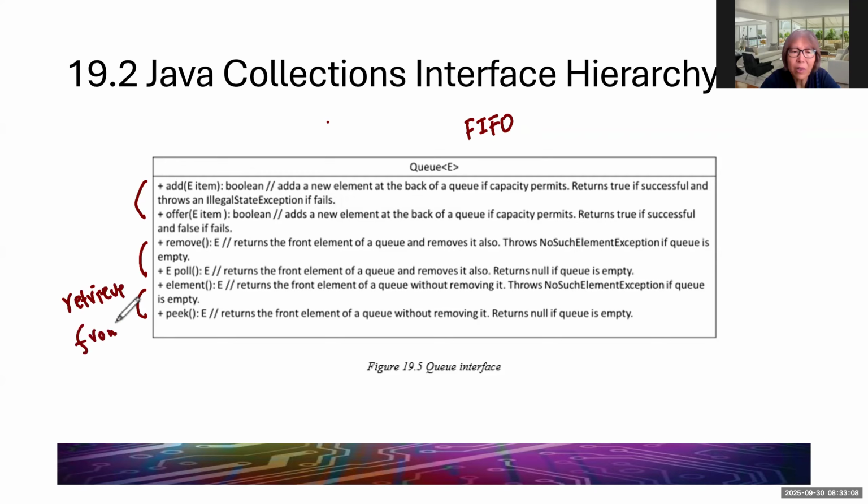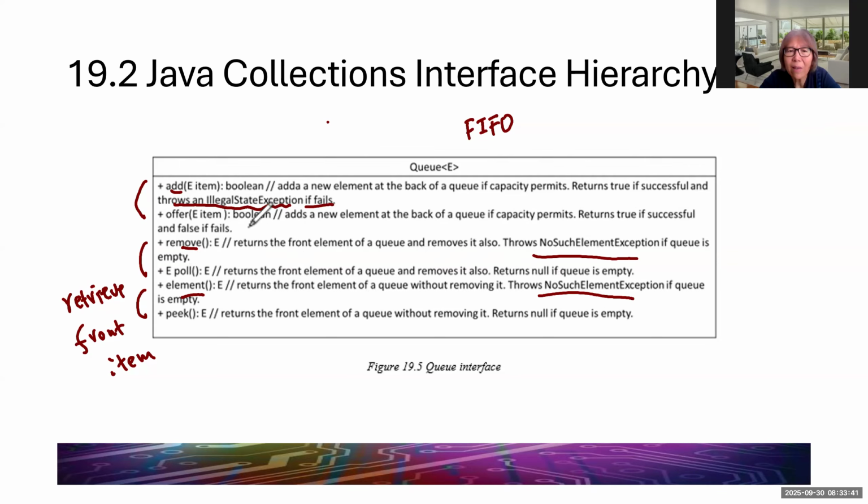So each has two versions, and the difference between these two sets is that for the add, remove, and element operations, if they fail, then they will throw an exception.